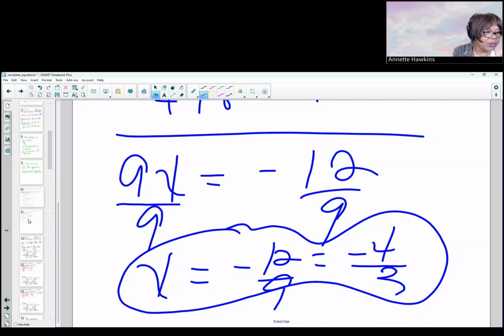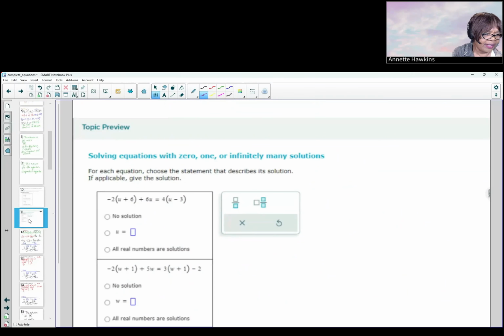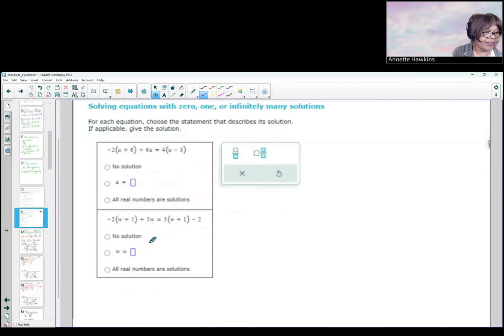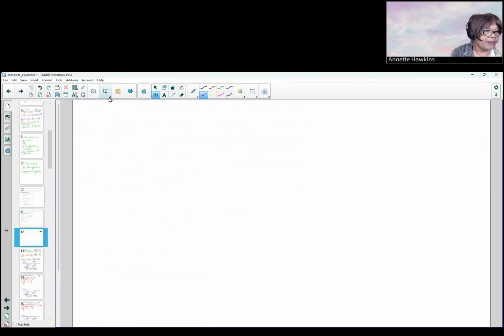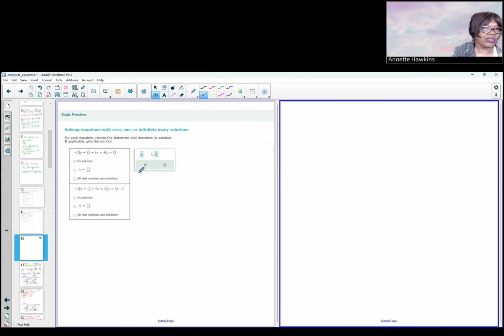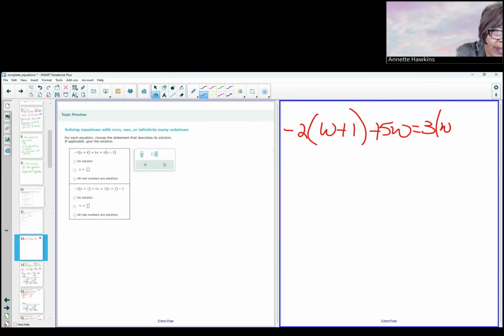All right, now let's work this last one, okay, right here. So this is -2 times w plus 1 plus 5w equals 3 times w plus 1 minus 2.